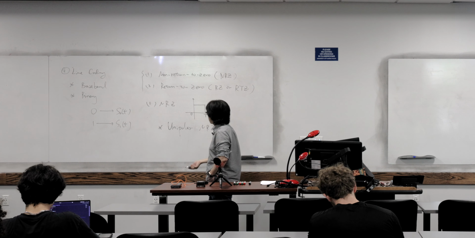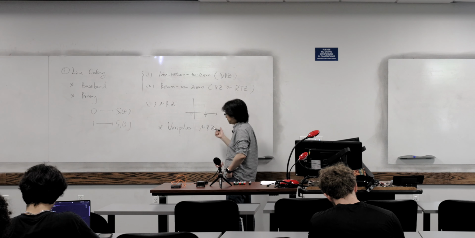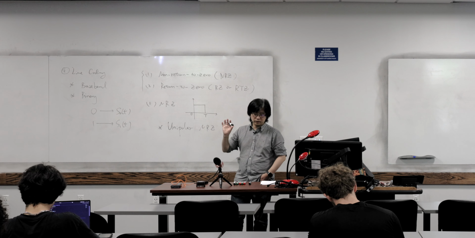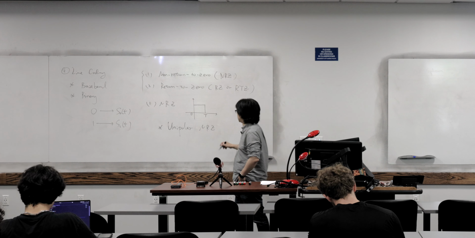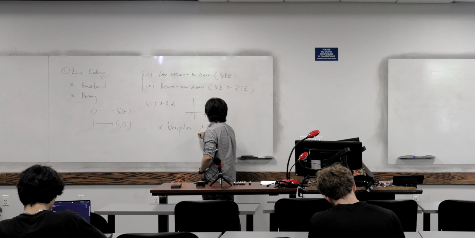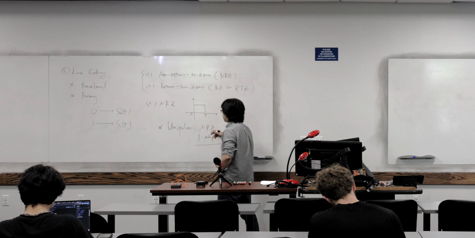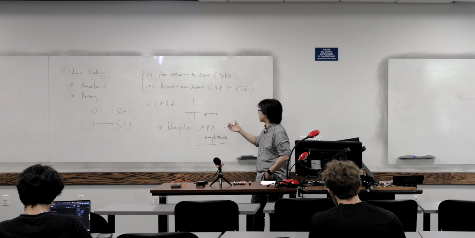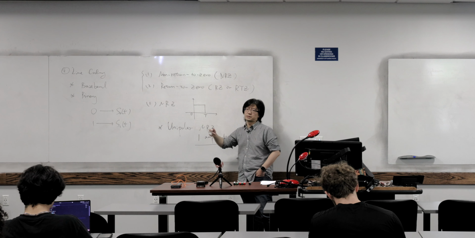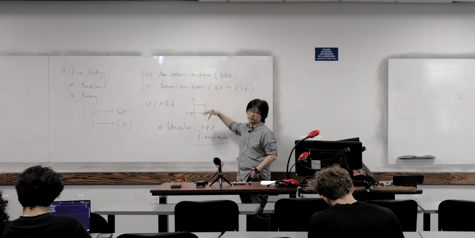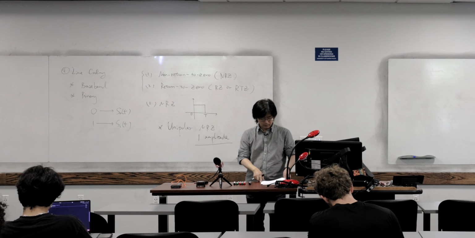For unipolar NRZ, it basically means that we only have one amplitude. Meaning that if it's a 1, we transmit something. If it's 0, we transmit nothing. Just one amplitude, or vice versa.